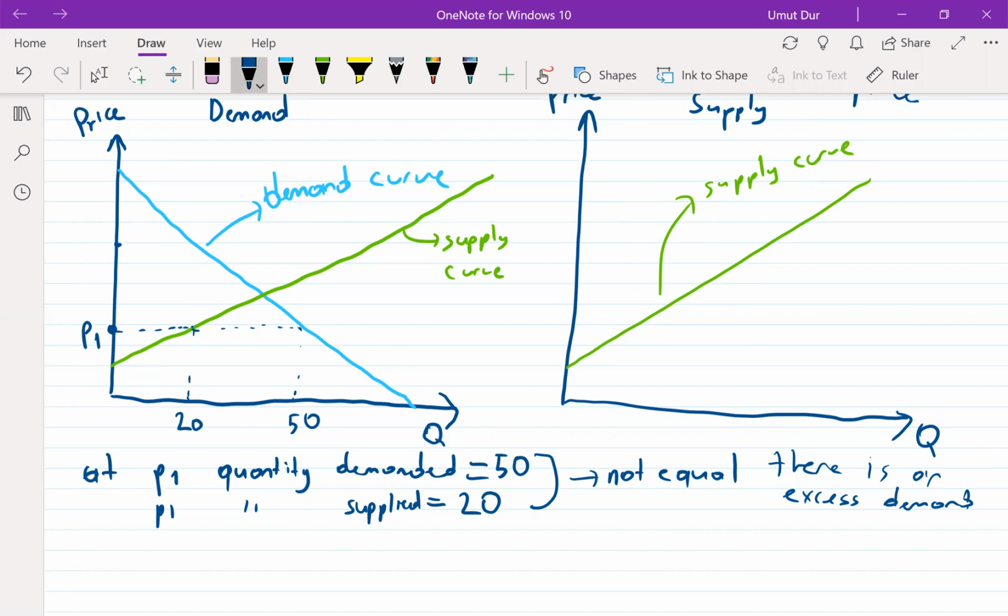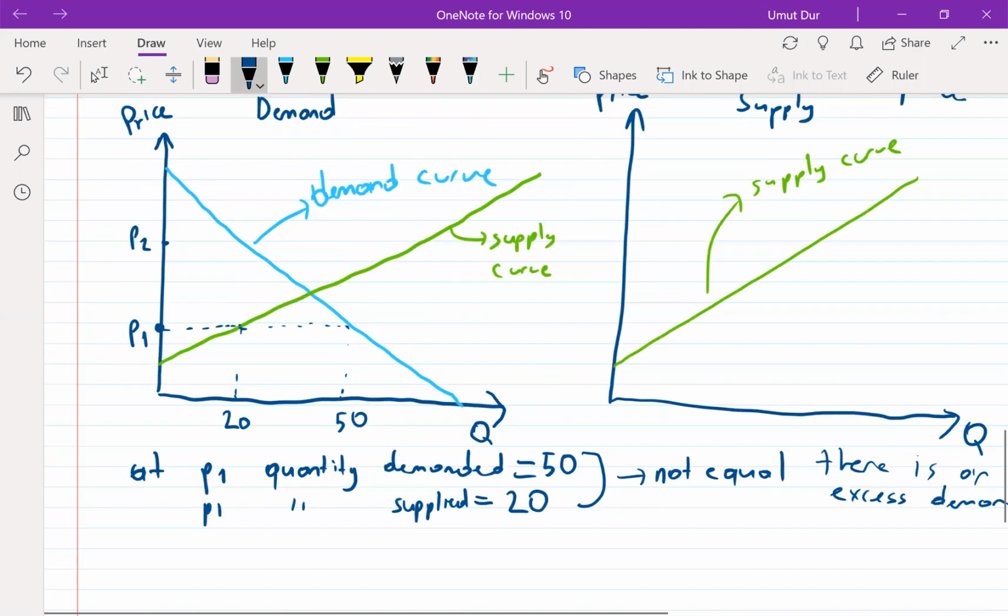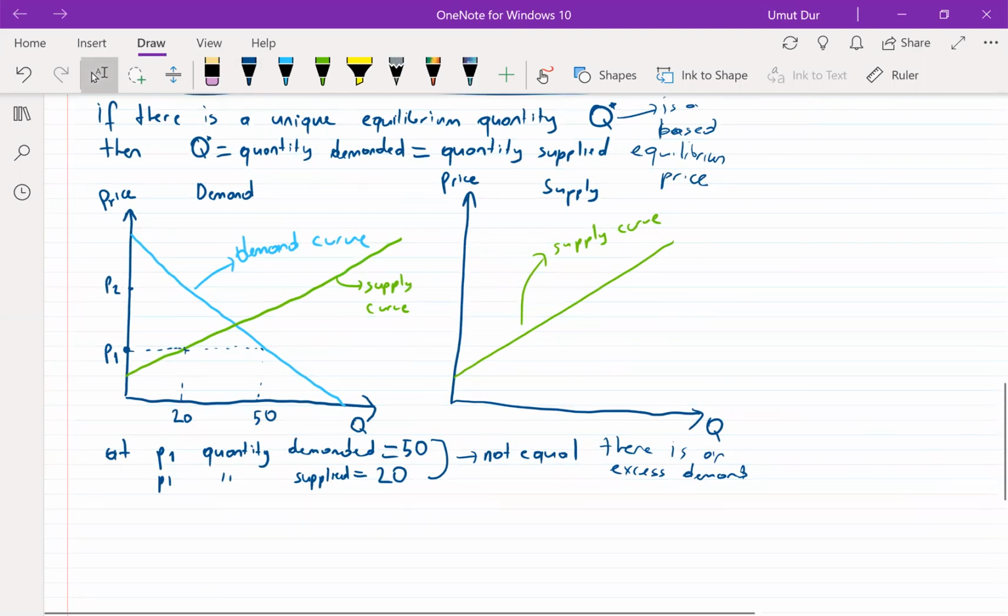Let's consider a different price level, P2. Let's say P1 is 10 and P2 is 30. At price level 30, what is the demand? Sorry for my drawing, but it looks like 20.